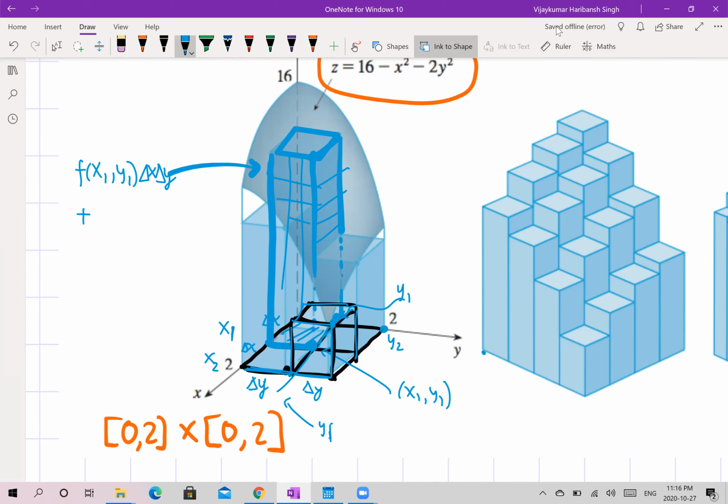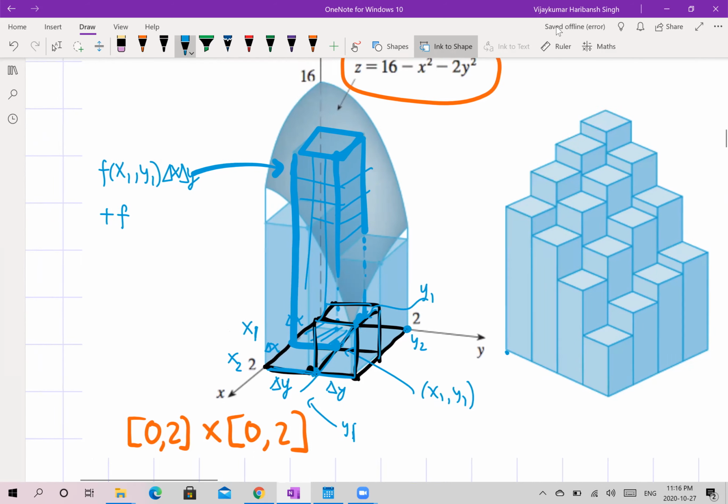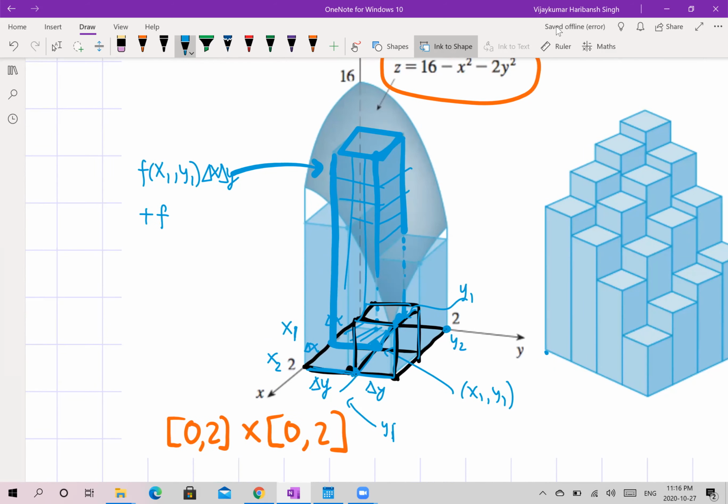So plus f of, now this point was used for the first part. For this one we had x1, y1. Now we are concentrating on the top of this rectangle. In that case, you see the height is given by this point here.